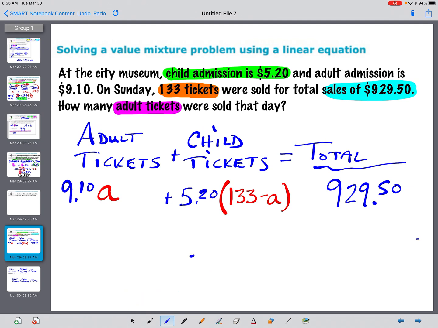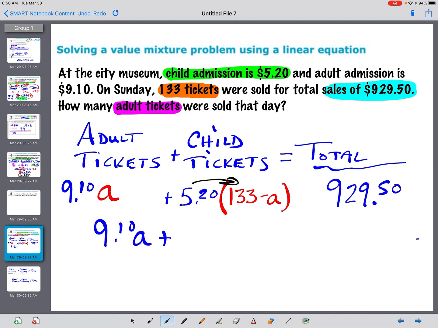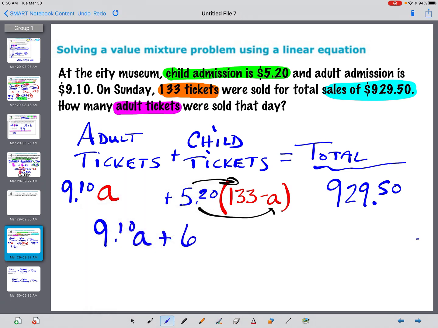All right, so we'll bring down the 910A because we have some work to do with the child ticket variable term. There's some distributive property here, right? We're going to have to do $5.20 times 133. We'll also have to multiply it by that A. So 5.2 times 133 comes out to 691.60.